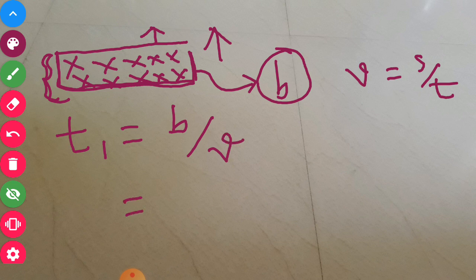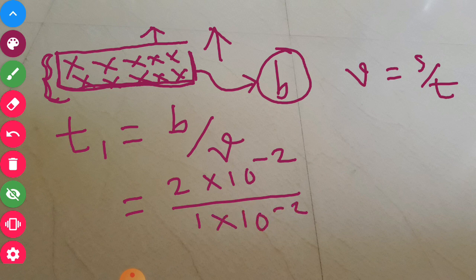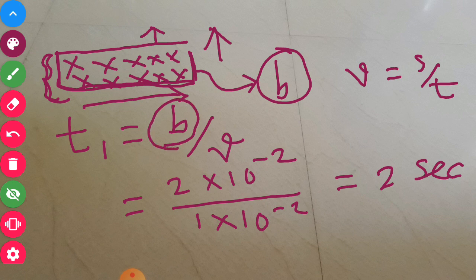Now breadth is known to us, 2 into 10 raised to minus 2 meter, and the speed is 1 centimeter per second. So it lasts for 2 seconds. The electromotive force lasts for 2 seconds. Now if you remove this way, then instead of breadth we have to write length, and the answer you will get is 8 seconds.